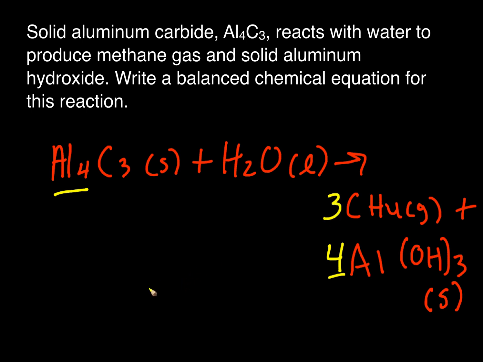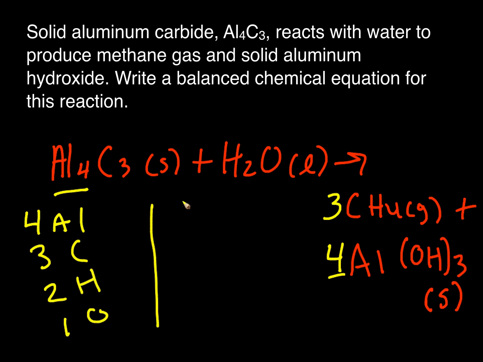And now let's see where we're at here. I have 4 aluminums on the left side, 3 carbons, 2 hydrogens, and 1 oxygen. On the right side of the arrow, I have 3 carbons, 12 hydrogens, 4 aluminums, and 3 oxygens, 3 times 4 is 12 oxygens.